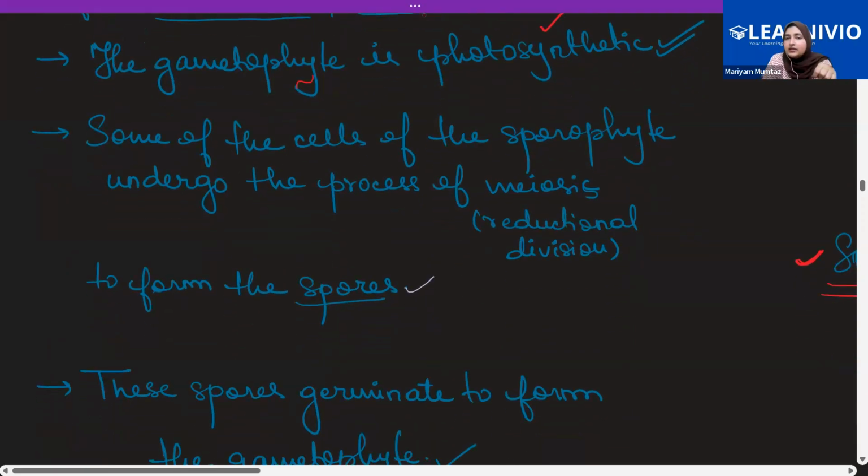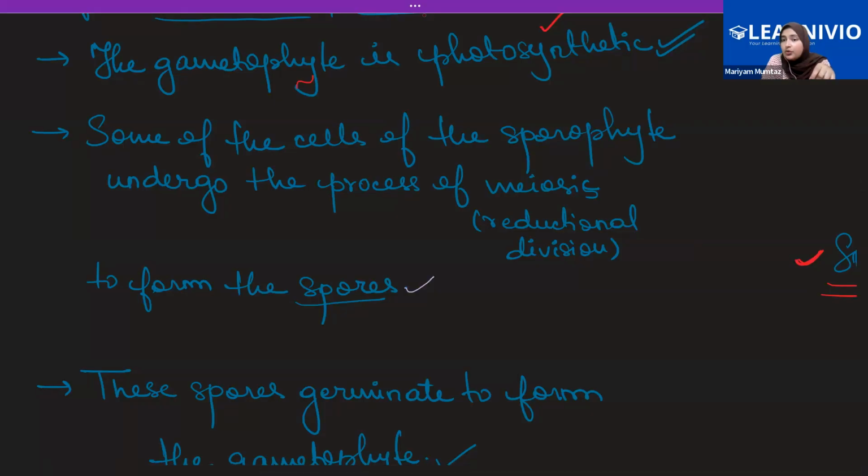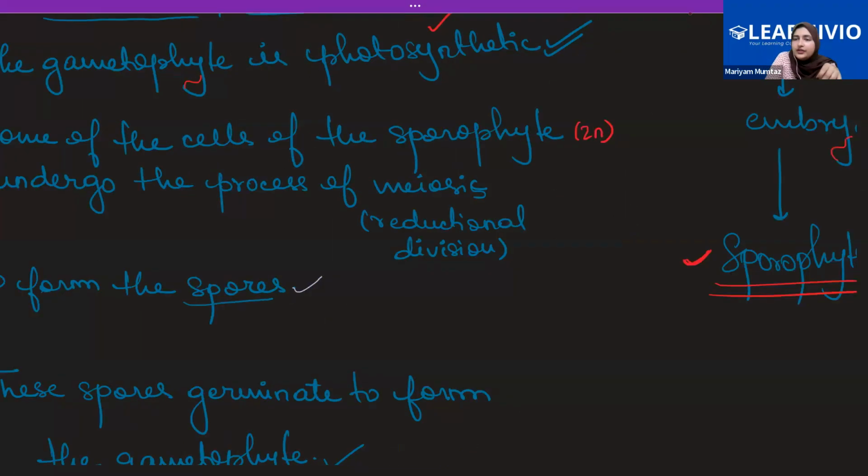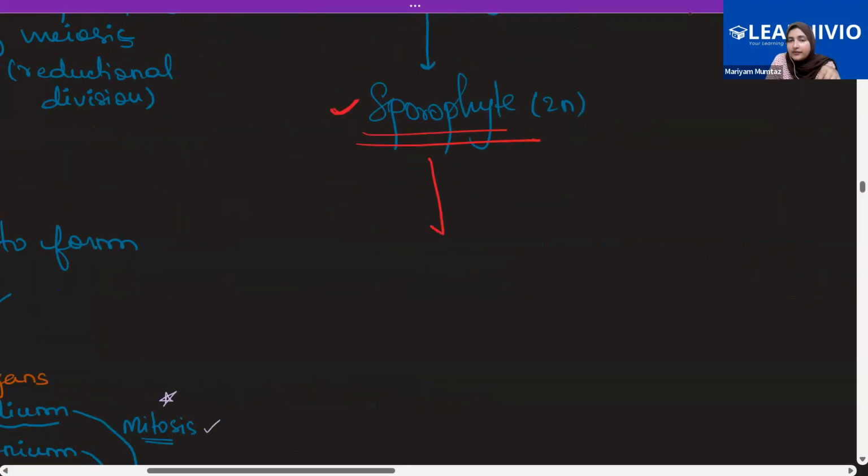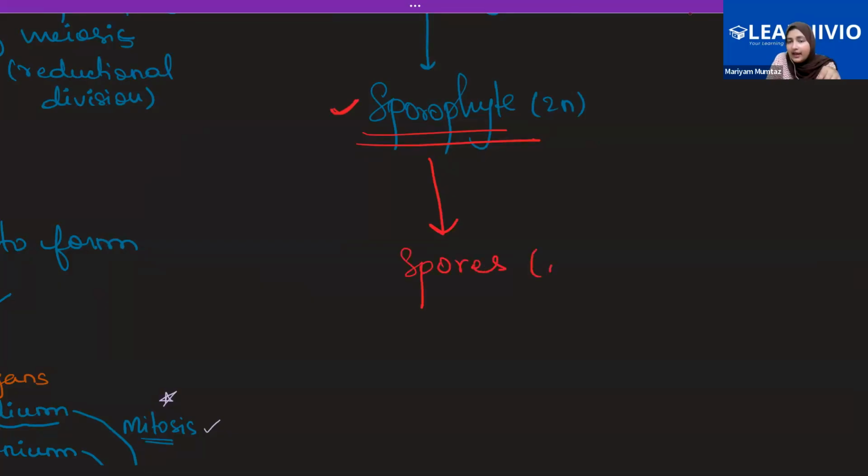And then the sporophyte plant body, like the name suggests, sporo, it will generate spores. And since it is diploid, it will make spores by meiosis. It will undergo meiosis to form these spores. So here you can write like this also, that from the sporophyte, the spores are made that are haploid, and it is made by meiosis.